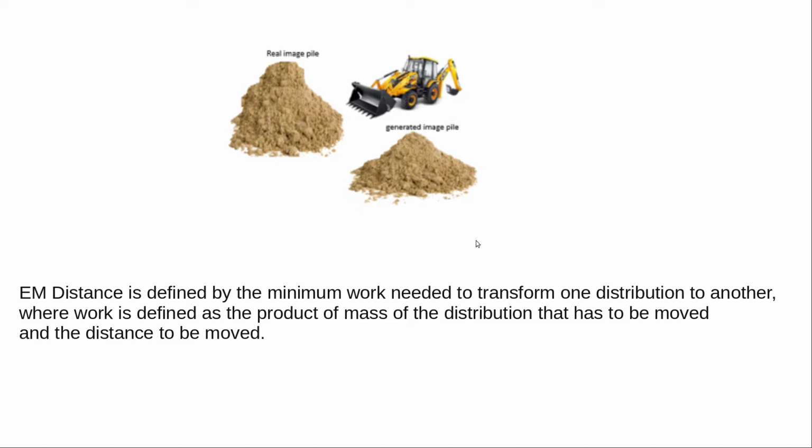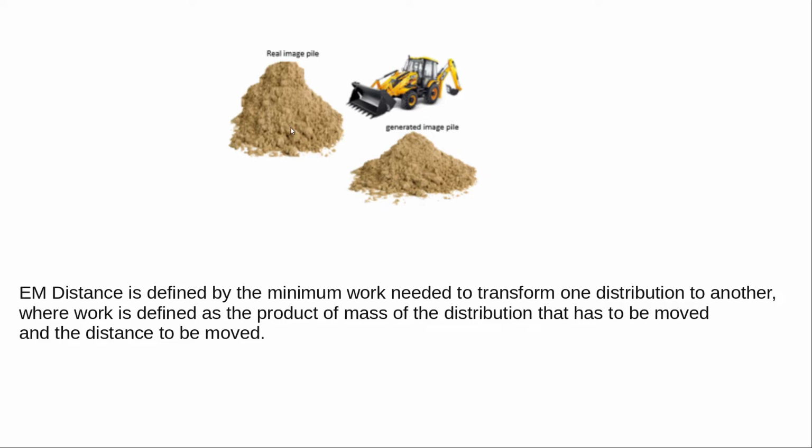And to make sense of this earth mover distance or Wasserstein 1 distance, let's look at this image. I have two distributions here, one pile of dirt here and another pile of dirt here. And then there is a tractor to make this pile as close to this as possible. This is mathematically determined by how much work is needed to move this pile to this pile.